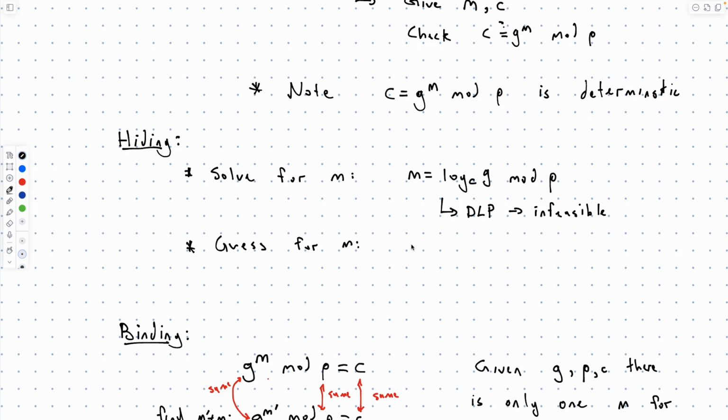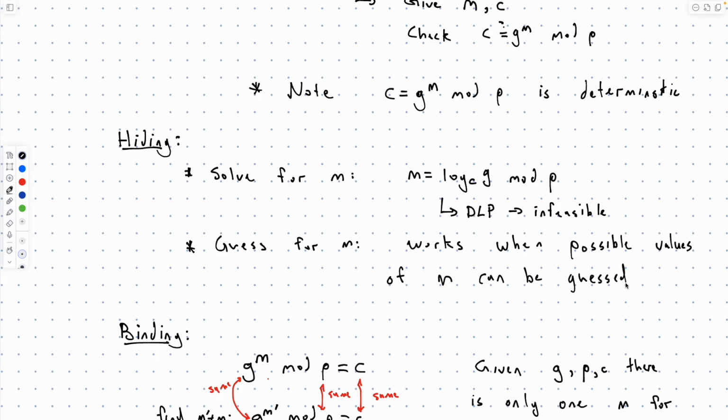So this works when M is small or feasible, or when the possible values of M can be guessed. Sometimes you might have no clue what someone committed to, like a key or a password, and I would have to guess that thing to even try to guess whether they committed to it or not.